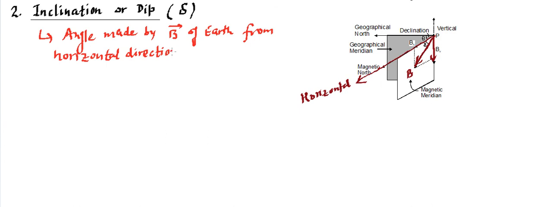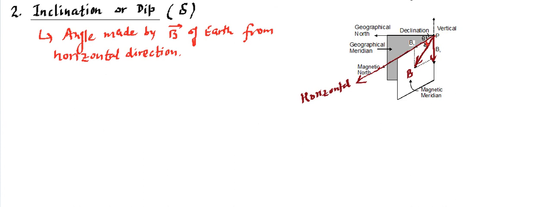And how are we creating this horizontal direction? For that, you need to think about it: you join that point P where you are standing to the magnetic north. So that becomes the horizontal direction. So from the horizontal direction, whatever angle the resultant magnetic field of Earth makes, that's called inclination or dip. So that's delta, which has been shown over here.